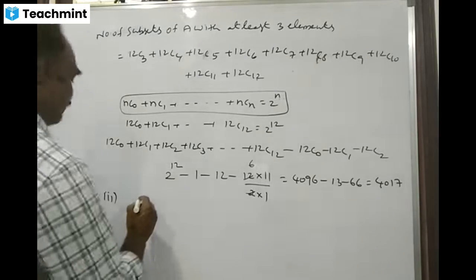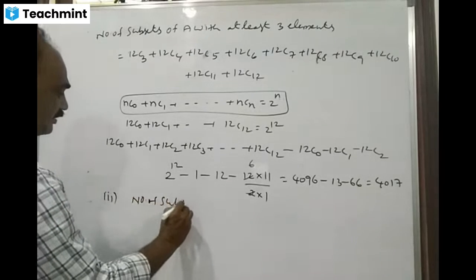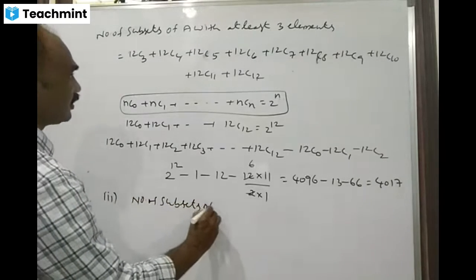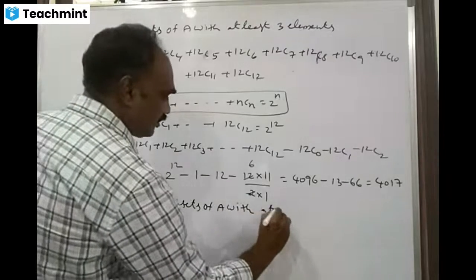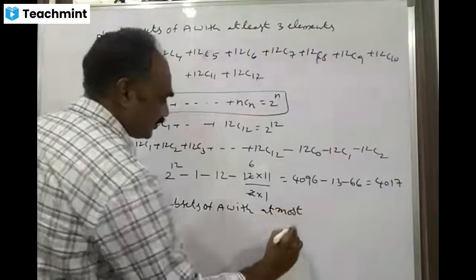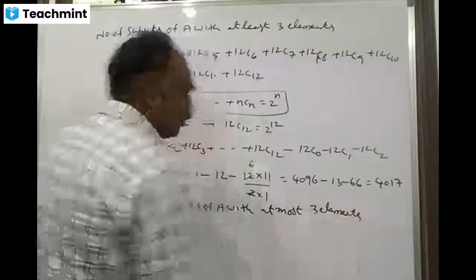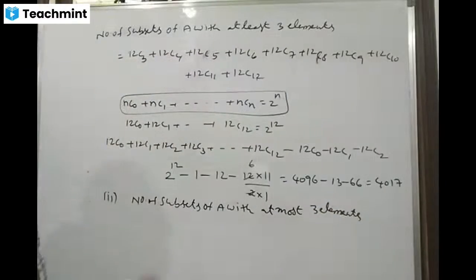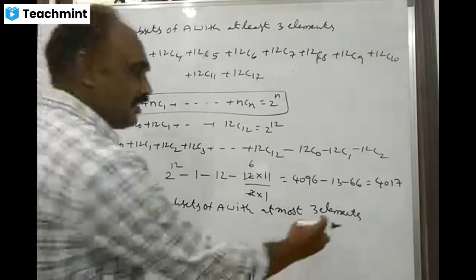The number of subsets of A with at most 3 elements; at most 3 means maximum 3 elements.